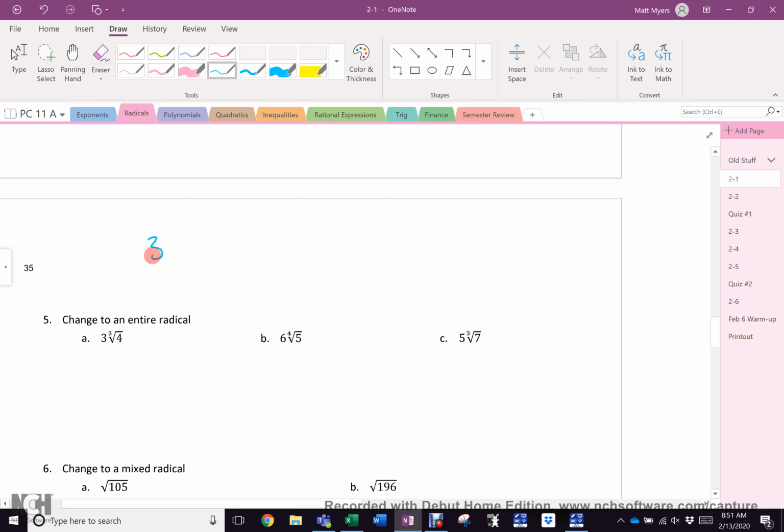Now we remember when it was 3 root 4, that meant we brought 3 squared under there, right? Well, what are we bringing under there now? 3 cubed times 4, because the index is now a 3. So that is the root of 27 times 4, which is the cubed root of 108. What's this one going to be? 5 times what?